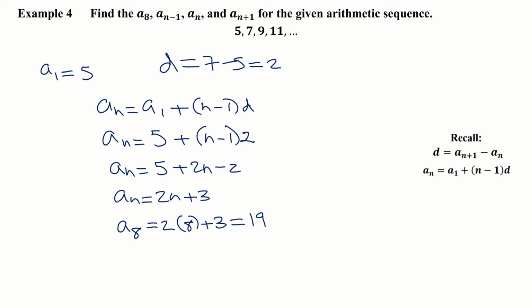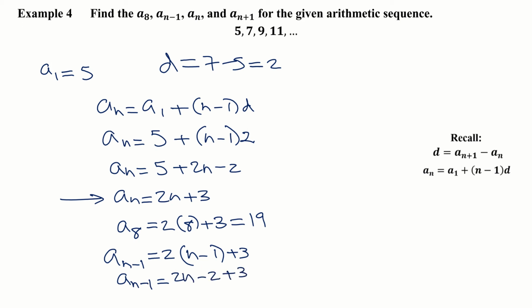Now to get An minus 1, that's a little bit more of an abstract question, but it's still important. Remember, I'm going to use the same formula, and I'm going to replace n with n minus 1, right? So I get 2 times quantity n minus 1 plus 3. So I get An minus 1 equals 2n minus 2 plus 3.